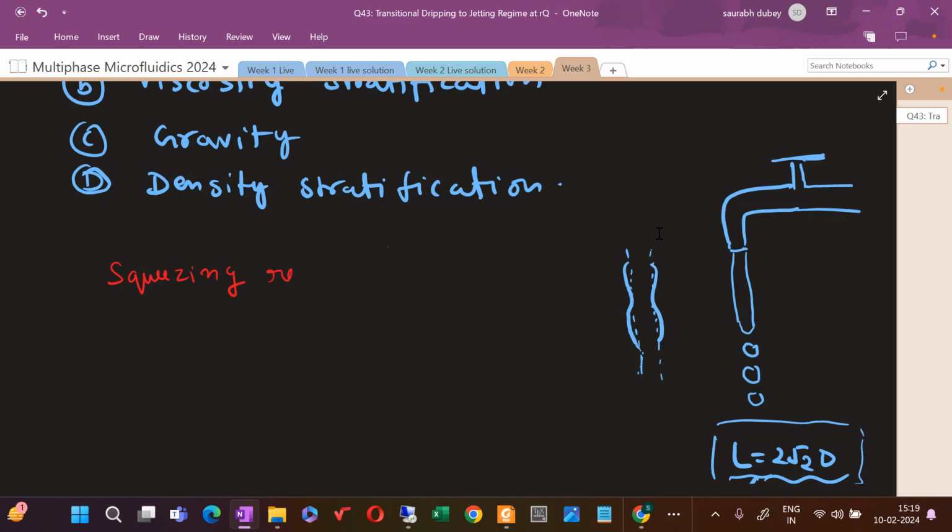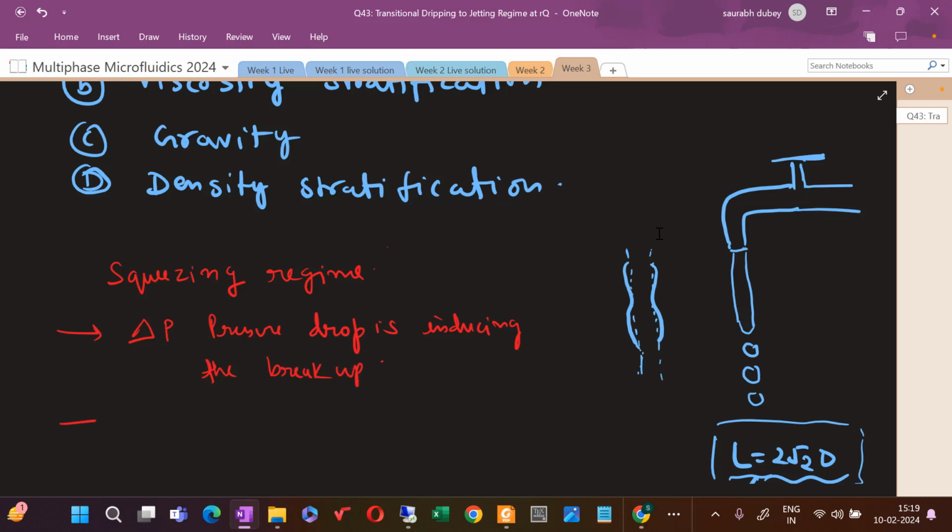So what is this squeezing regime, and when does it happen? The pressure drop is inducing the breakup.